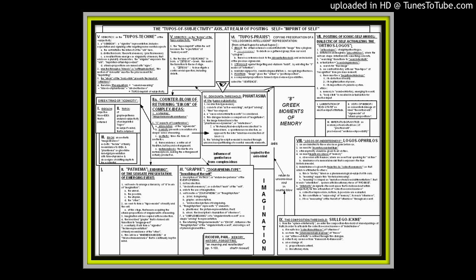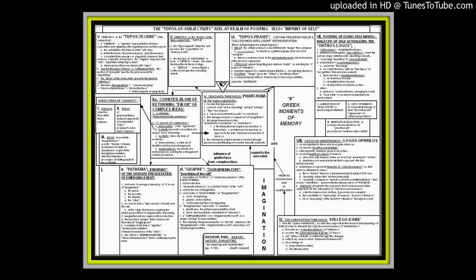So tupos means to deeply embed the self's personality, to deeply stamp the psyche of the individual. And eventually we're going to reach this tupos that will imprint our entire psyche. But first we're going to pass through this graphe language act.